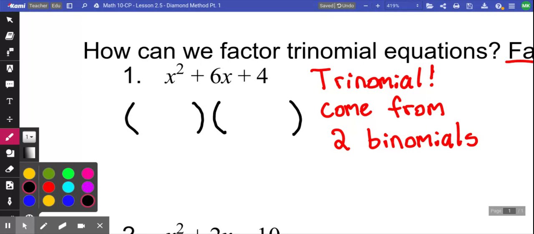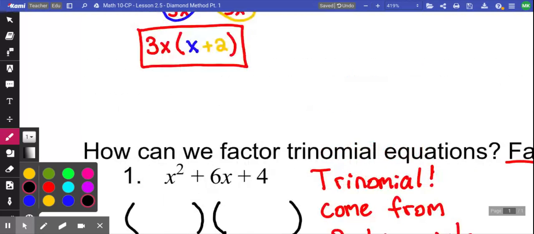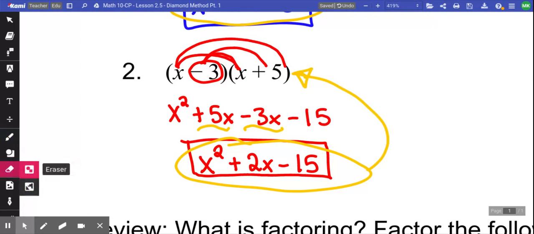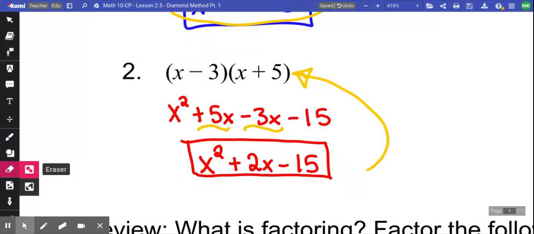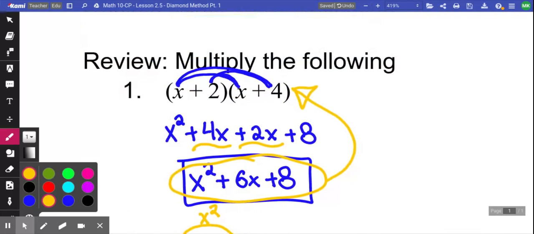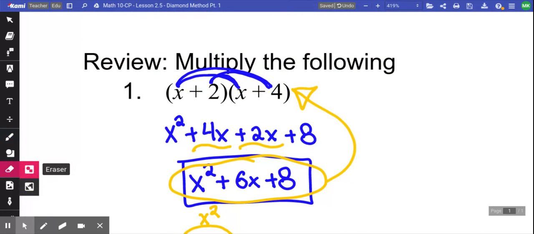The next thing you always need to recognize is that in trinomials, the first term of your trinomial always comes from the first terms being multiplied together. X times x is x squared. Look at the one above. Same thing happens.